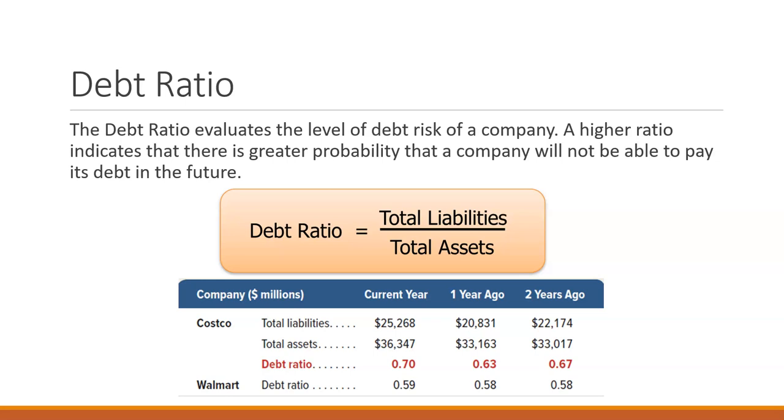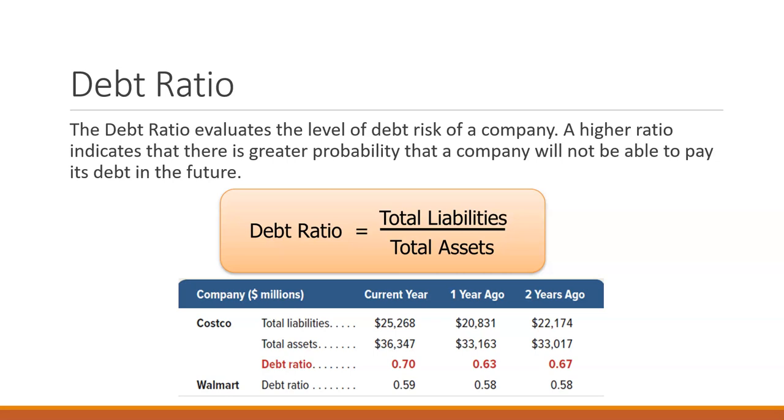If a company comes to us asking for money, say we work at a bank and they're coming to us for a bank loan, we're going to look at this debt ratio and say, how much debt do you already have and are you able to pay off your bills? The higher the debt ratio, the higher the likelihood that we won't be able to pay our bills. Another thing is you absolutely want that debt ratio to be under 1.